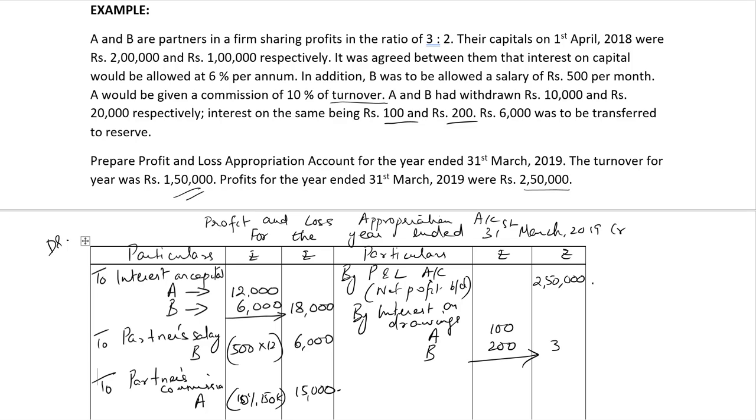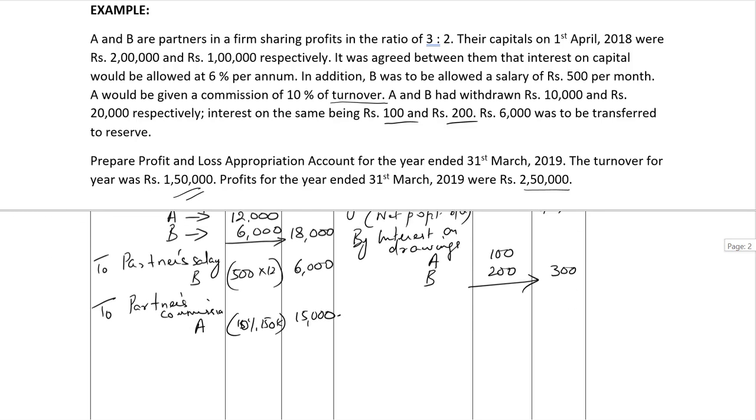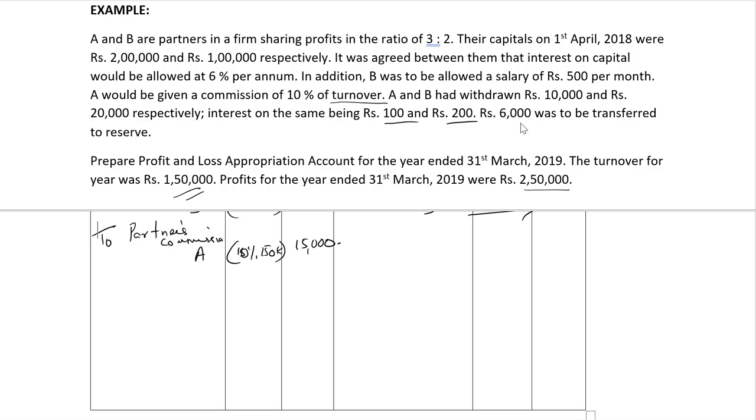I take 300 to the outer column. Also, we have that rupees 6,000 should be transferred to reserve. To transfer to reserve, rupees 6,000.